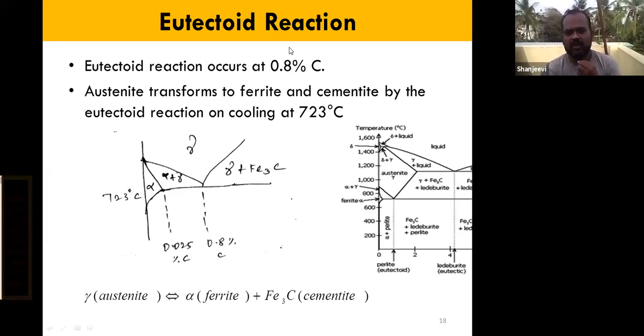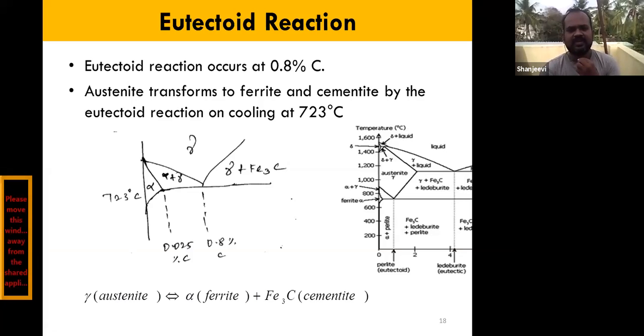Last one, eutectoid reaction. The eutectoid reaction takes place here at 0.8 percentage carbon. Austenite is above, below is ferrite. That's one thing. So at this temperature, 720 degrees Celsius, austenite is above. When it is cooled, when the temperature is decreased, it changes into alpha plus Fe3C, ferrite plus cementite.